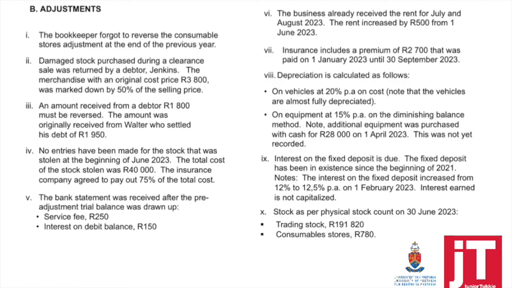Now I want to show you in this activity, how would you approach this? T accounts is a tool that you can use, but in a test and exam, you won't have time to do first T accounts and then complete what is required. And also think about this now. They've asked you to only complete the statement of comprehensive income.